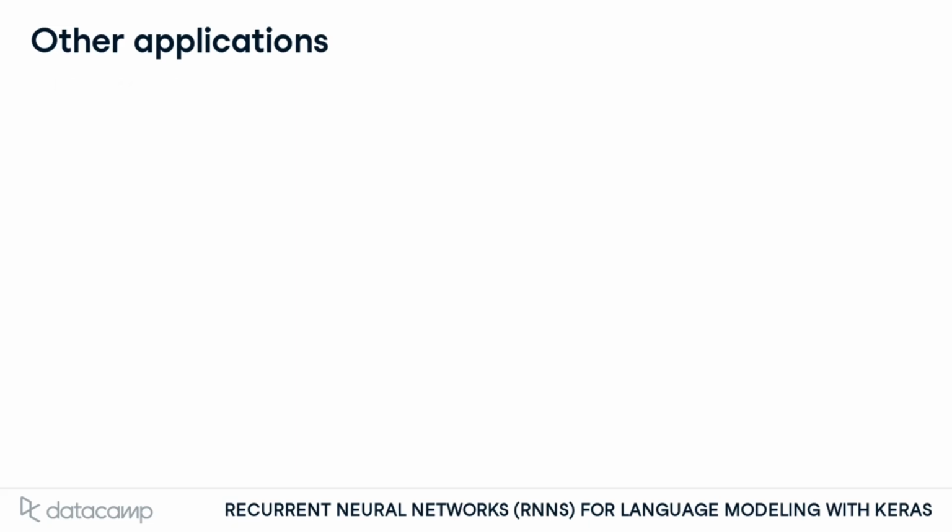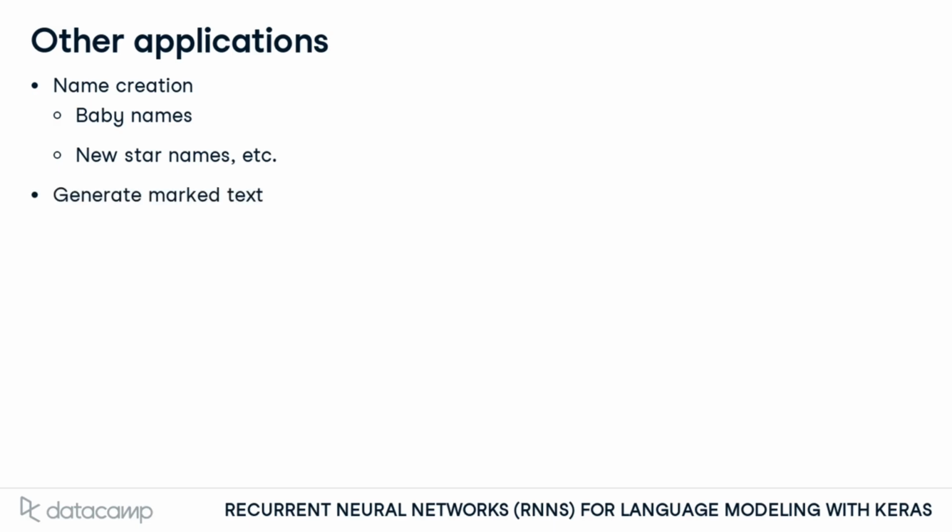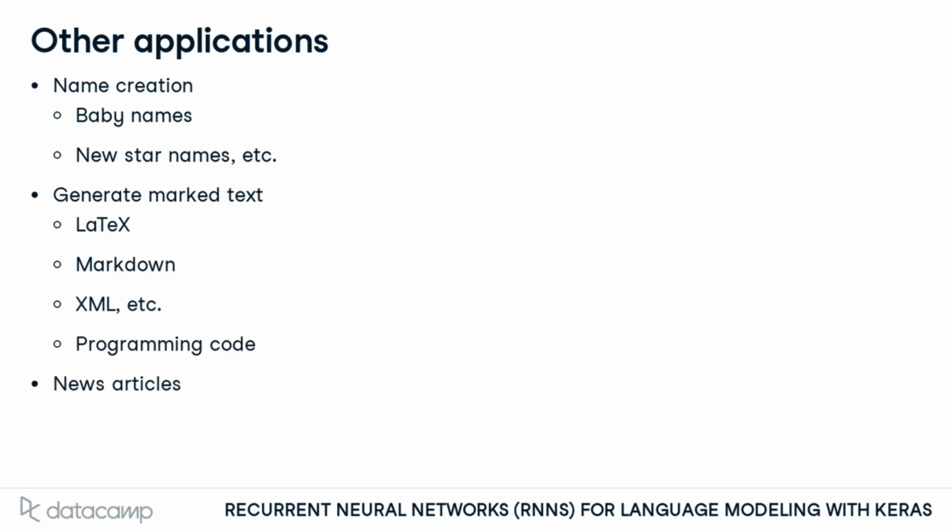For example, it can create names such as baby names or new stars. Also, it is possible to generate marked text such as LaTeX, Markdown, or XML. Finally, it can create news articles or be used in chatbots.